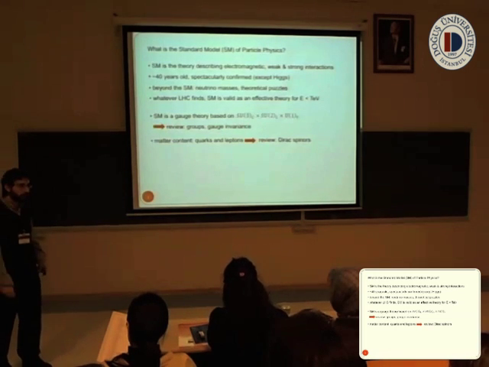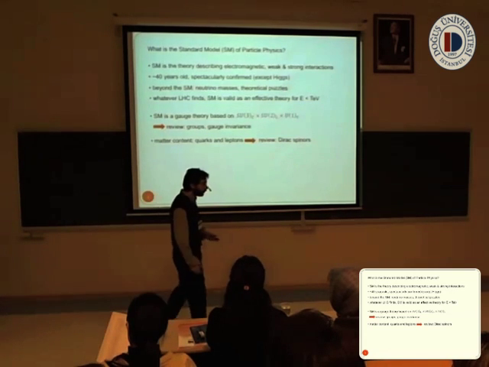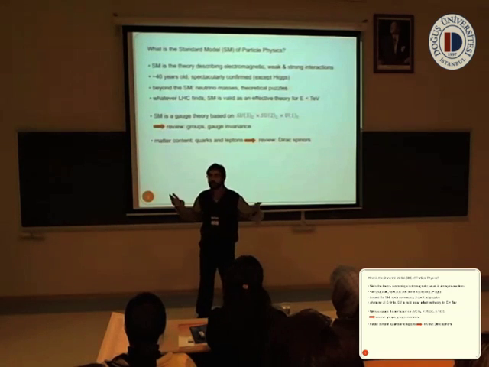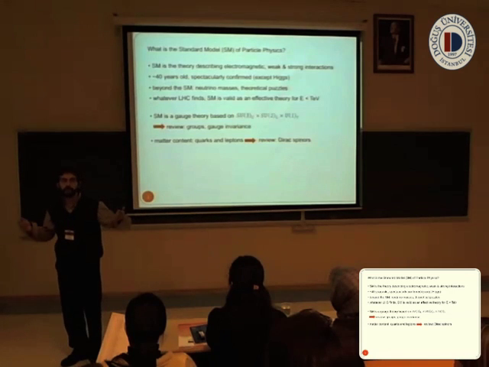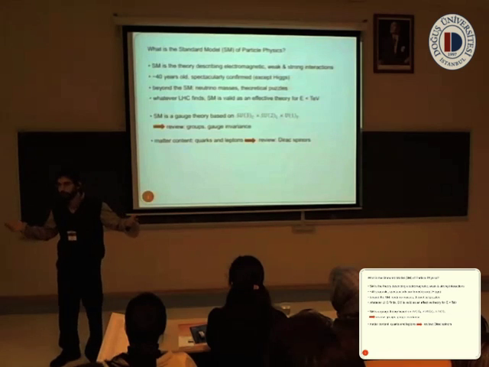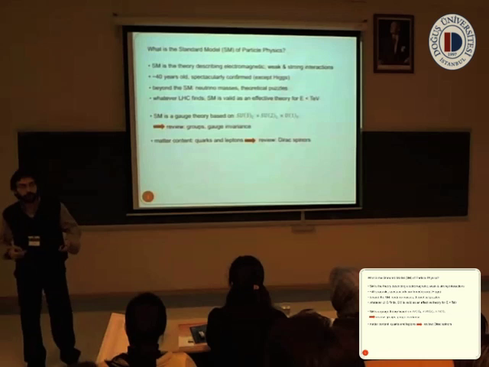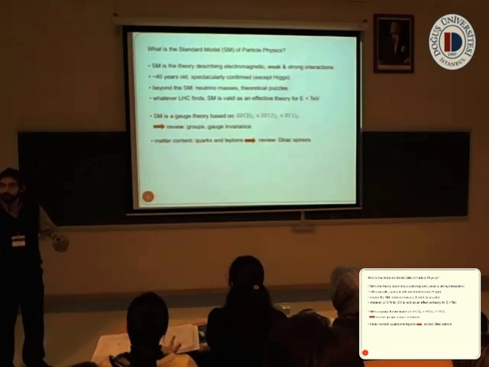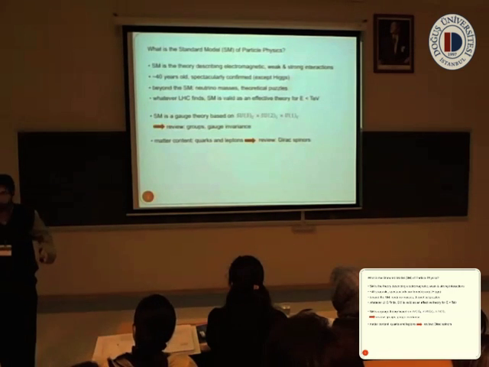So LHC, if nature is not very perverse, and you could imagine a scenario where there is new physics, but it has such properties that LHC misses it. It's probably possible. I mean, theorists have lots of imagination, but it's very difficult to arrange. So most likely, if there is some new physics, LHC will see it. Either the Higgs particle and other stuff, or maybe something else.